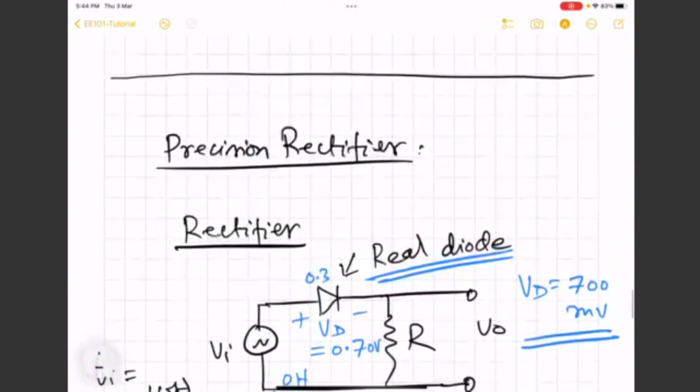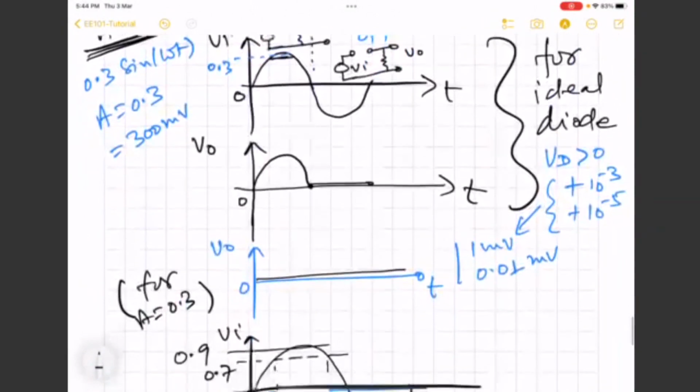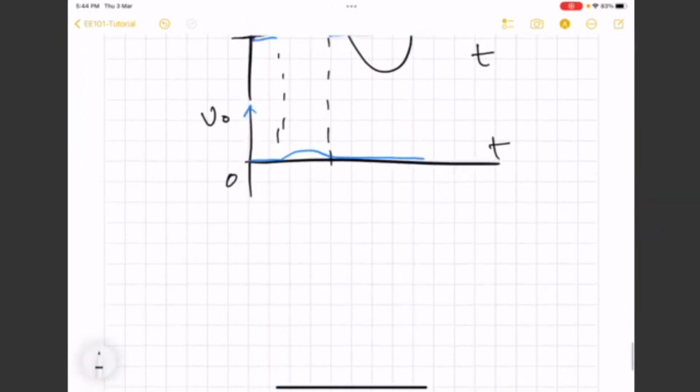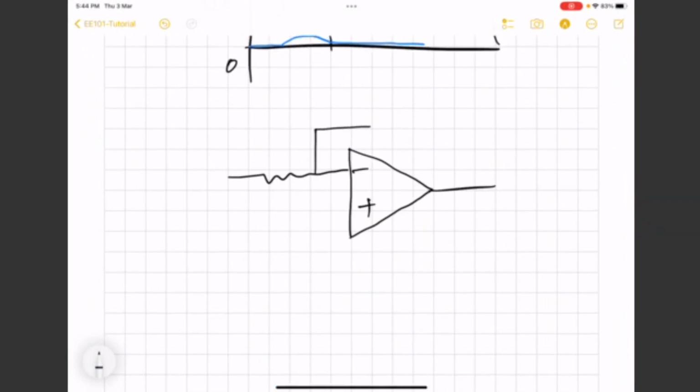So the precision rectifier tries to address this issue with the help of an Opamp. So in the precision rectifier, we use an Opamp, and then we have a diode.